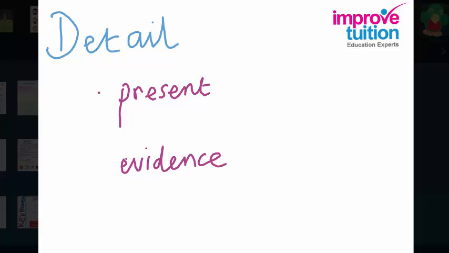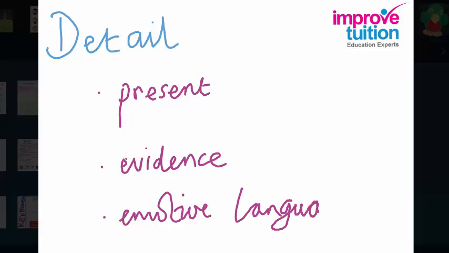You should have evidence, and the evidence should be either the statistics or what people say about the product, or some facts about the product. You should use emotive language, and you should use lots of detail in order to explain your ideas clearly. So you're trying to persuade. The purpose is to persuade.